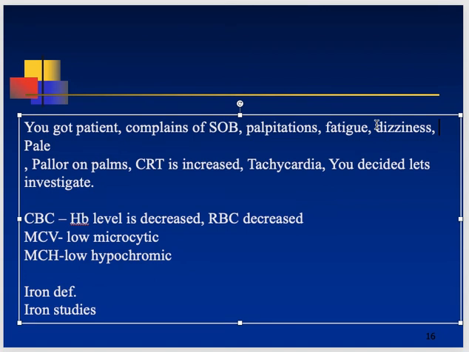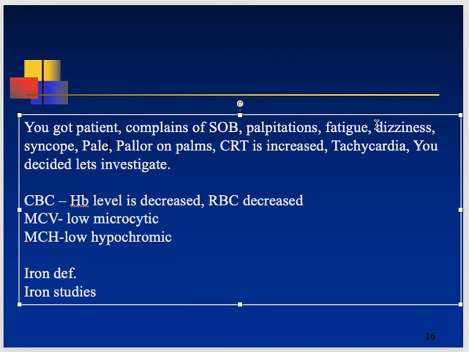The patient can present with dizziness. It could be weakness. They may have shortness of breath, and sometimes the patient can have syncope as well due to less blood supply to the brain. So look for all these features. Not all patients have all the features, but always inquire about all of them.